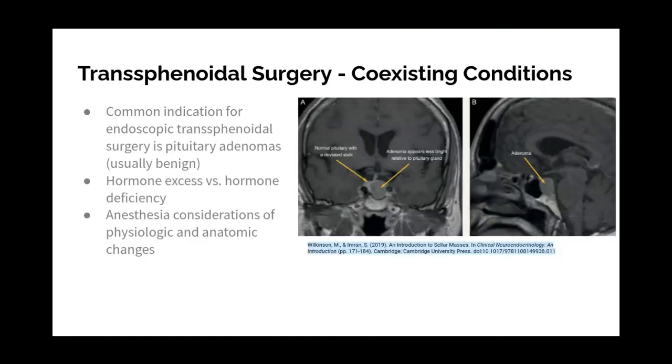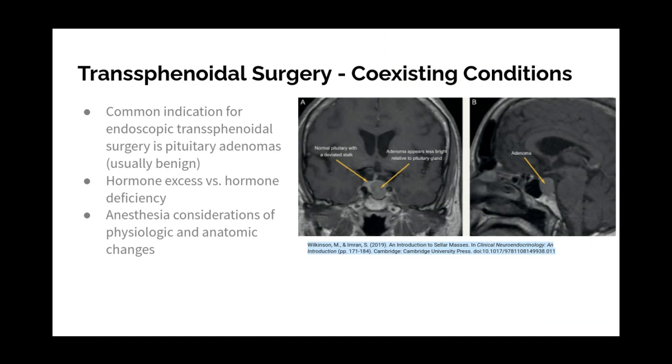So wanted to start off by talking about transsphenoidal skull-based surgeries, which is kind of the recurrent theme that keeps coming up with endoscopic techniques in my literature review. And one of the important things with these procedures is the coexisting endocrine conditions that can happen and the implications for anesthesia for those.